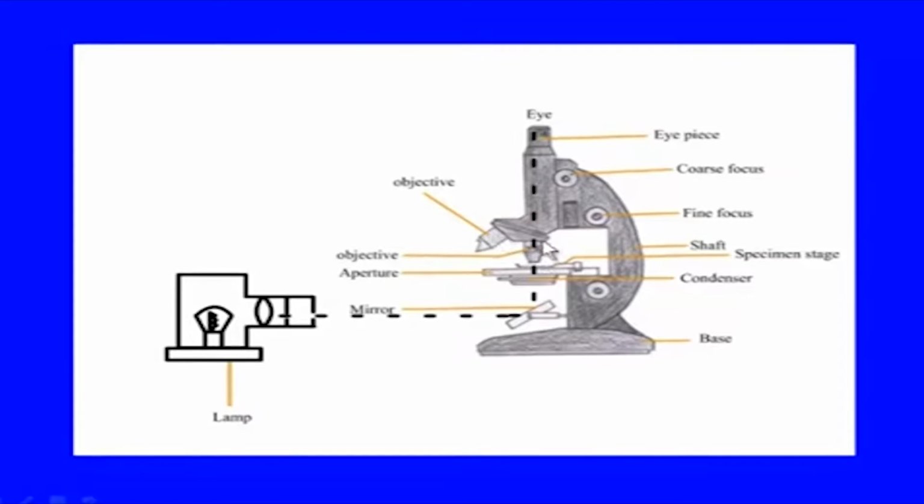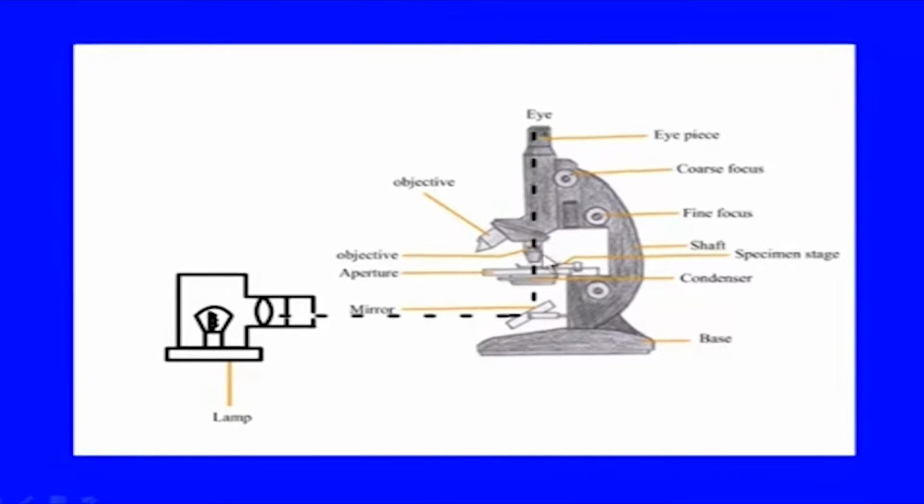Now, these objective lenses are attached to a rotating nose piece which is threaded in here, and this is connected to a tube length which is a finite tube length, and on the other end of the tube length is the eyepiece. This nose piece could be rotated, and objectives of different magnification, it could be 10x, 20x, 40x or 60x, could be used as per the application.